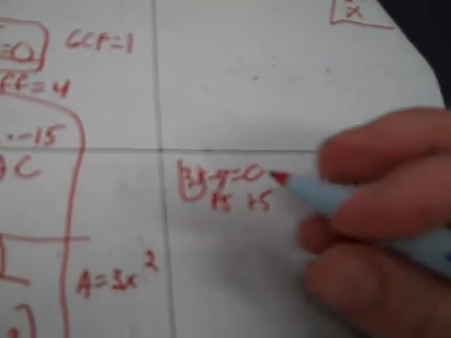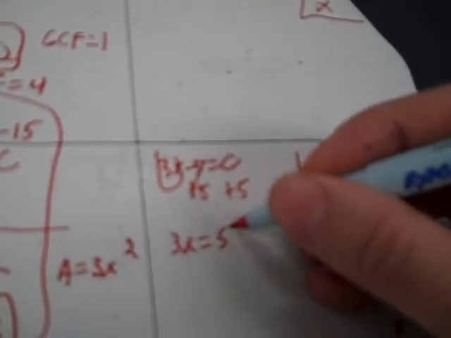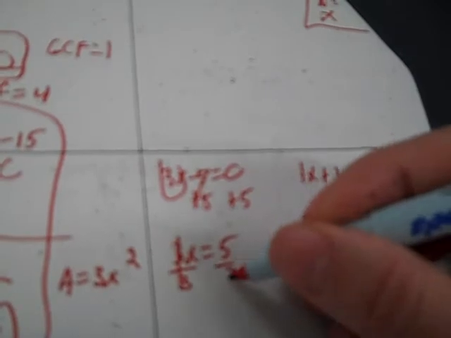So 3 multiplied by x minus 5 could be 0, and 1 multiplied by x plus 3 is 0. Five divided by 3 would be 1.6 repeating. You could also leave it 5/3, and then 1x equals negative 3.